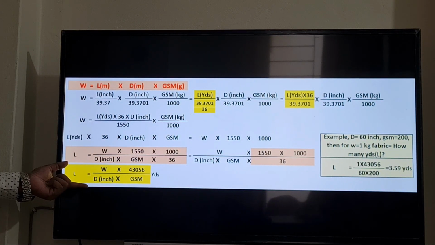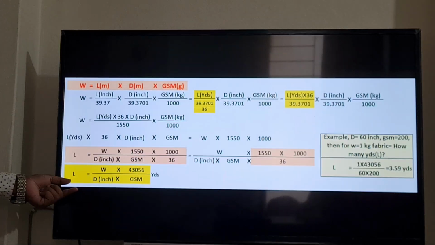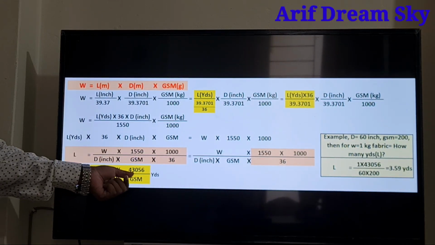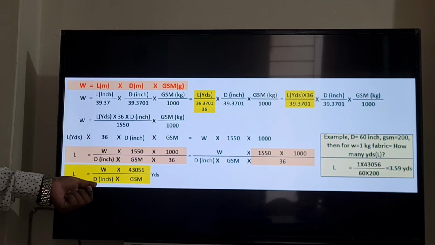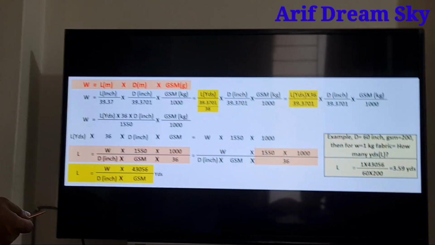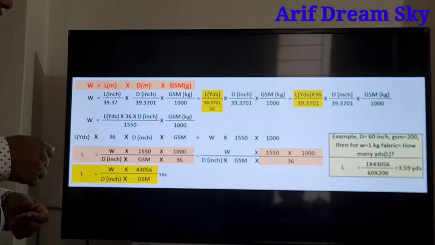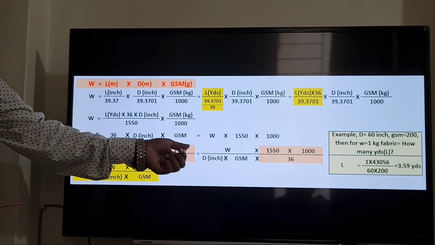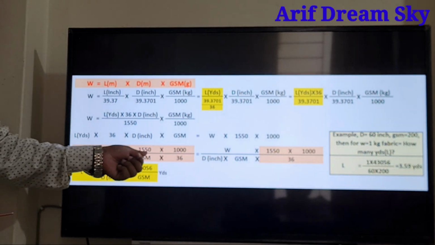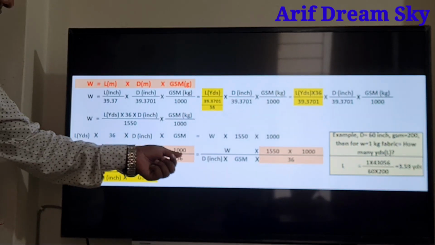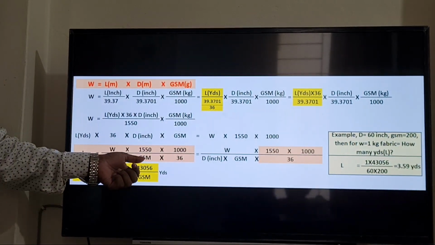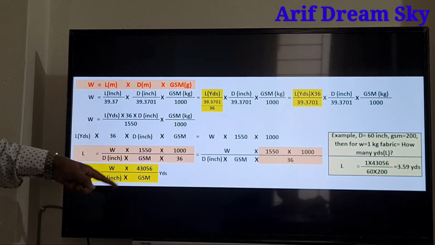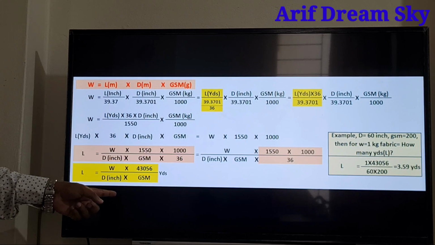So we can also easily remember the rule like this: length equals weight into 43,056 divided by dia into GSM. In the first slide I showed you that length equals 1550 into 1000 divided by dia into GSM into 36. You can remember it either way, it's up to you.